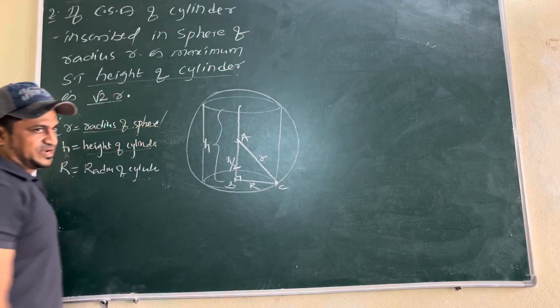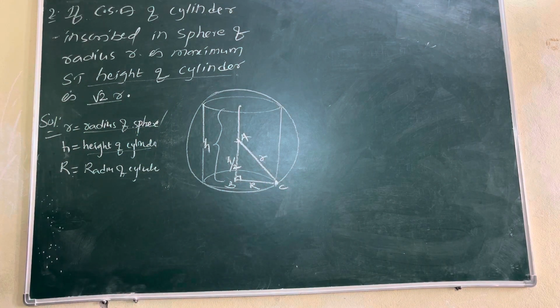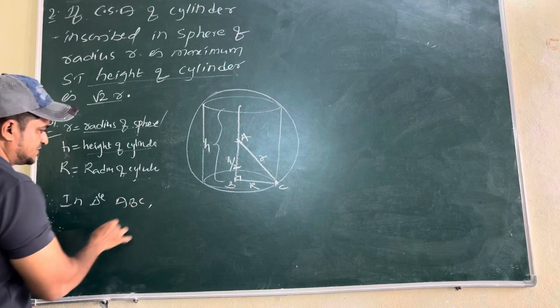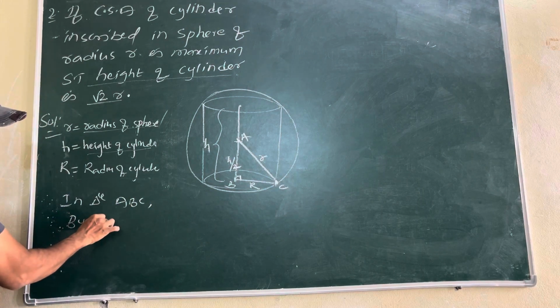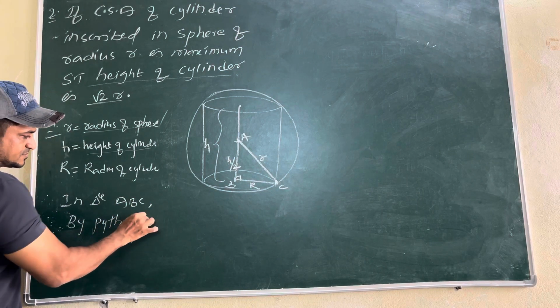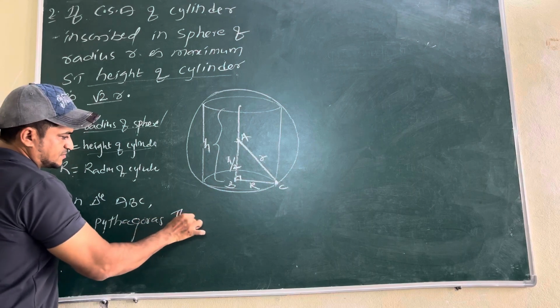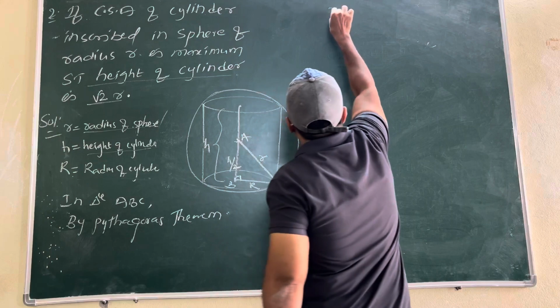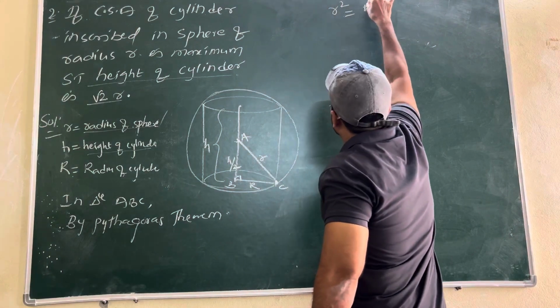One condition we need. Previously the condition was two right angle triangles, we had taken the similarity. Now we have a single triangle, we can write in triangle ABC by Pythagoras theorem: hypotenuse square equals side square plus side square.